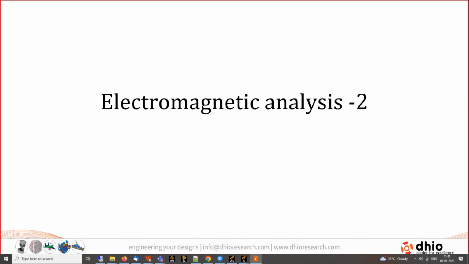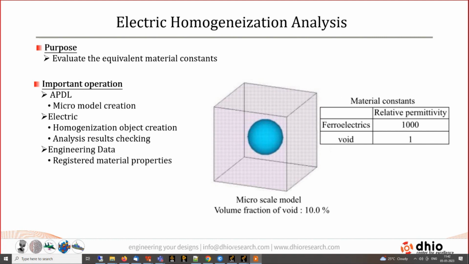Then we can go to another example, for electromagnetic analysis too. In this case, we need to perform electrical homogenization, where we look at the permittivity of a composite which consists of ferroelectrics and void. There is a void inside the ferroelectric in this material.